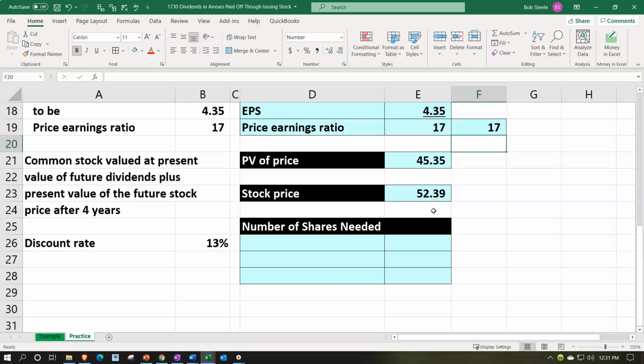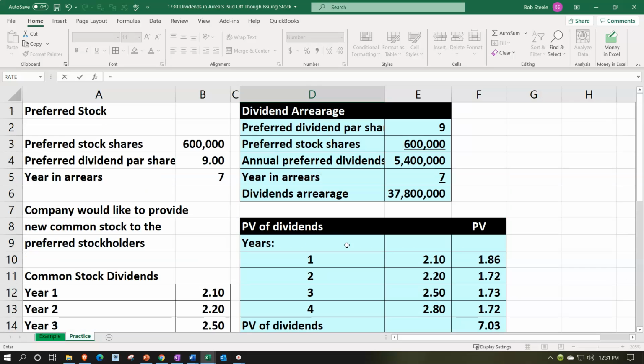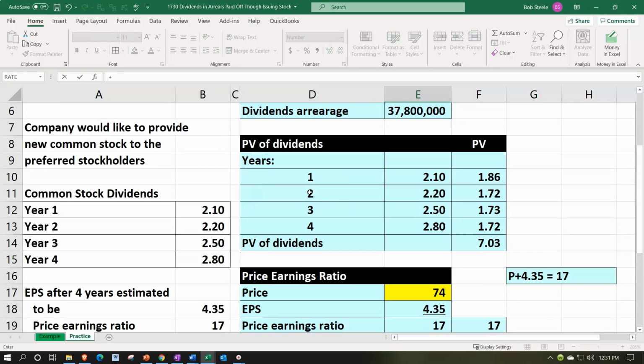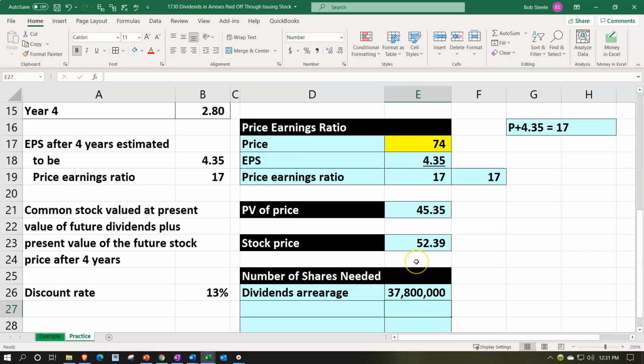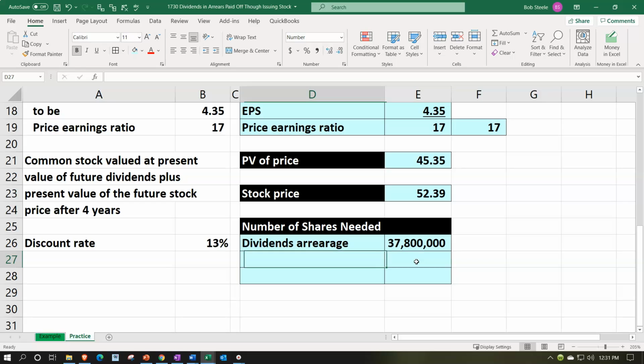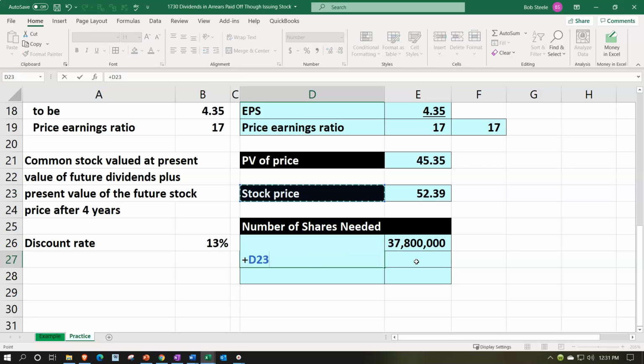So if that's the value of the stock, how many are we going to have to give these preferred stockholders in order to pay off the debt that we have due to the dividends from the preferred stock? We haven't paid the dividends in arrears. Well, okay, that's easy. We're just going to say we owe the dividends of this amount that we calculated first, 37,800,000. And the stock price we're saying is going to be this 52.39.